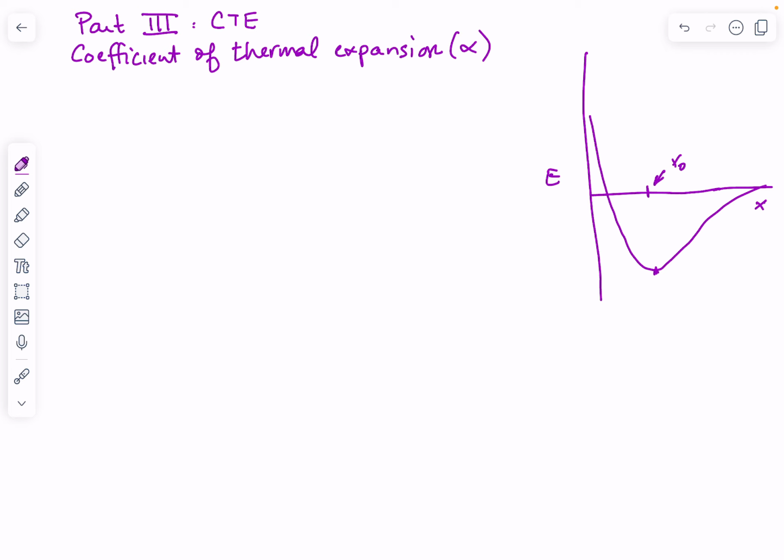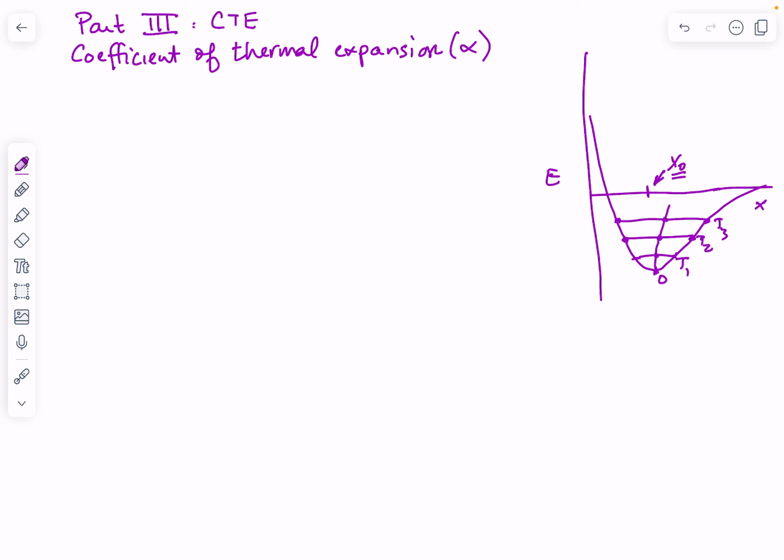As we increase the temperature, if that's 0 and this is T1, this is T2, and this is T3, and we think about the average spacing between atoms that are vibrating because they're at non-zero temperatures, the asymmetry of the curve shows us that ever so slightly the spacing between atoms increases from this x0, the spacing at 0 Kelvin.